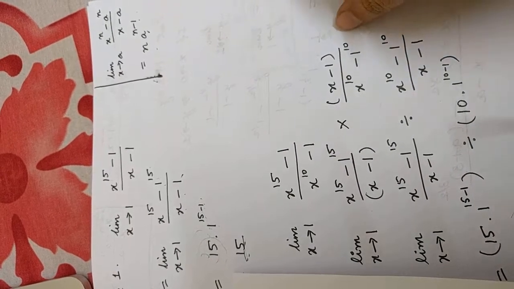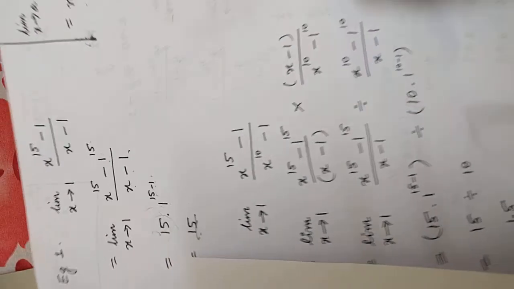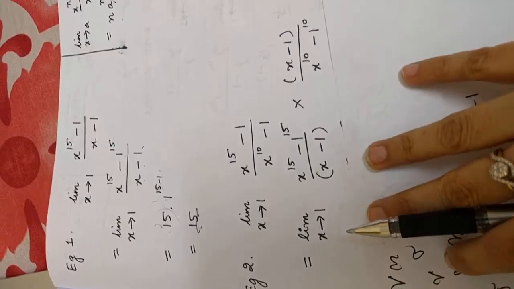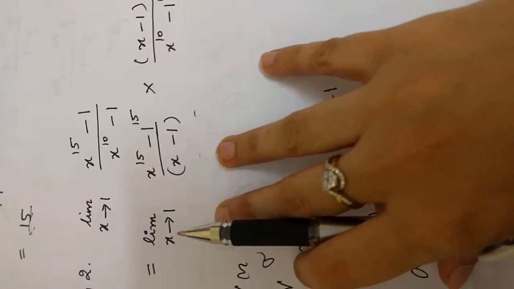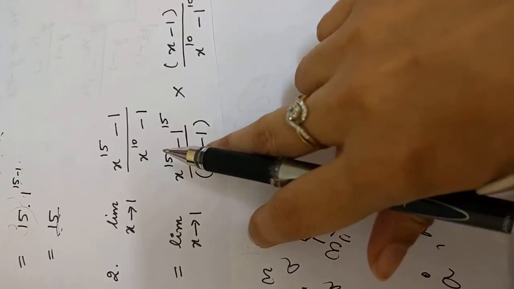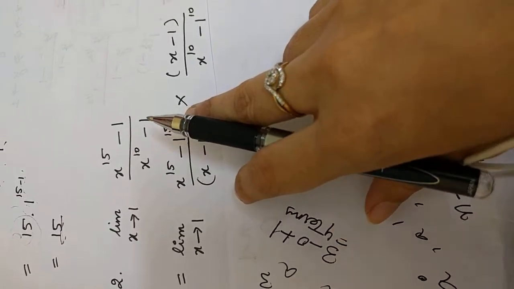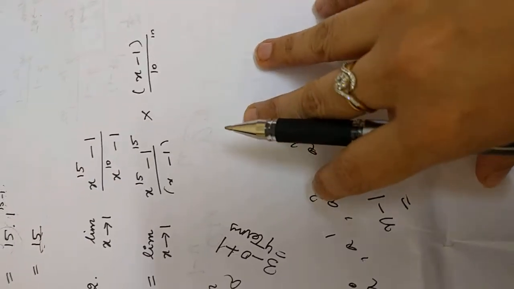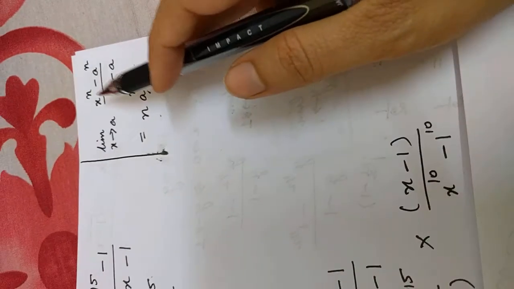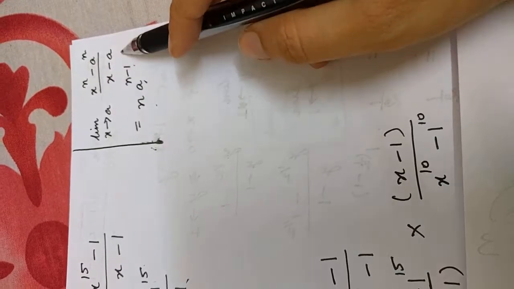Okay. So now let's move on to another question. So next question is limit x tends to 1, x to the power of 15 minus 1 upon x to the power 10 minus 1. So again we'll try to break it so that we can use this formula x to the power n minus a to the power n upon x minus a.